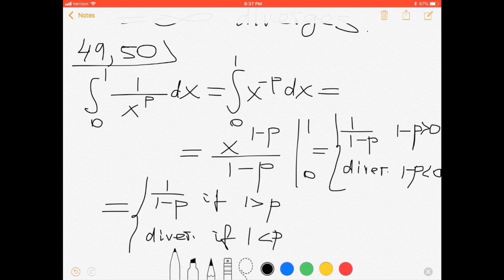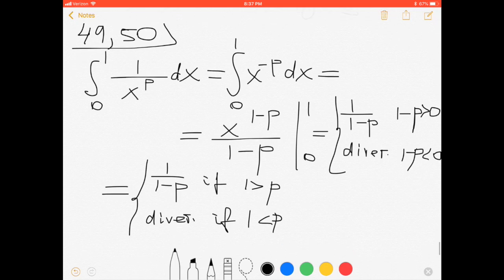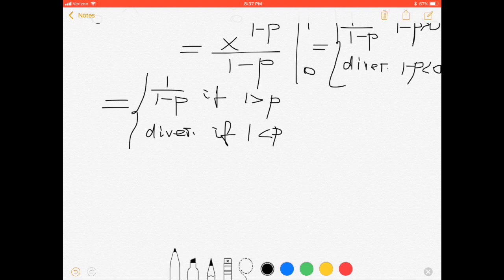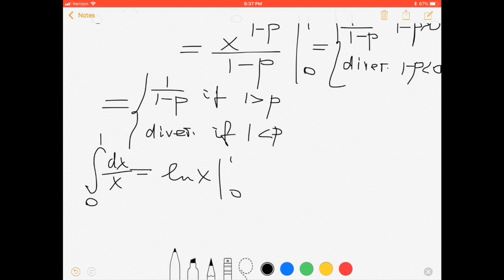The situation where p is exactly equal to 1: checking what happens if p equals 1, this means dx over x from 0 to 1. We have natural log x from 0 to 1. Then it diverges, because the logarithmic function for something approaching 0 goes to negative infinity. This means it diverges when we plug in here.